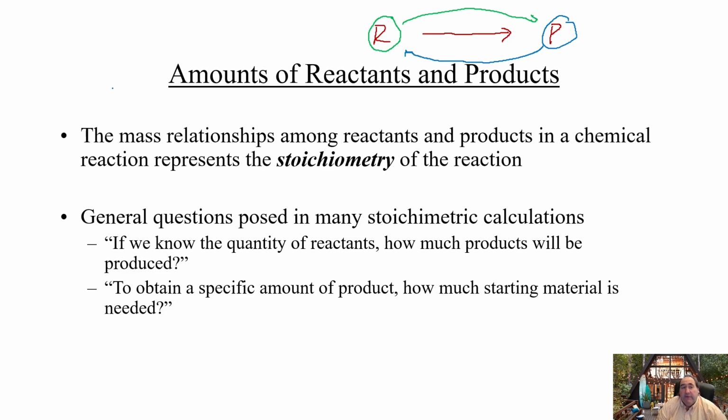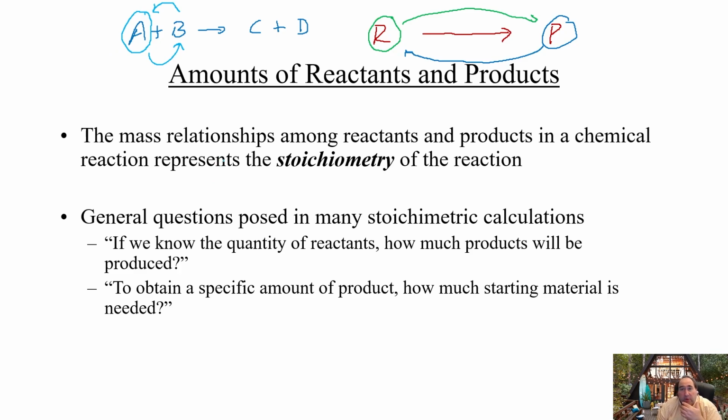We could also, for example, if we had an equation like this, the very creative A plus B goes to C plus D, use stoichiometry to figure out things like, if I have this much of this reactant, how much of the other reactant will I need? And vice versa. We could do it between reactants.